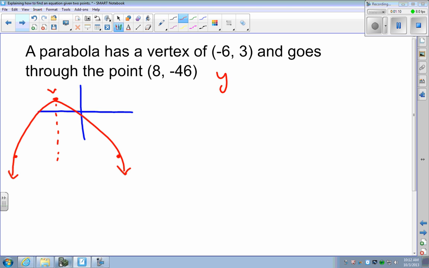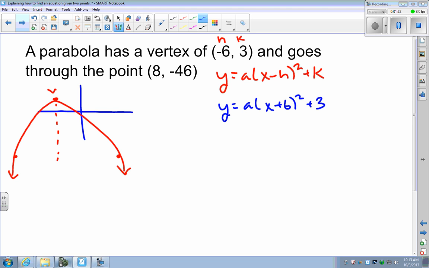So think about a general form for a parabola. H, K, and the A value. If they give you the vertex, they're already giving you H and K. So you can write this right now as this.